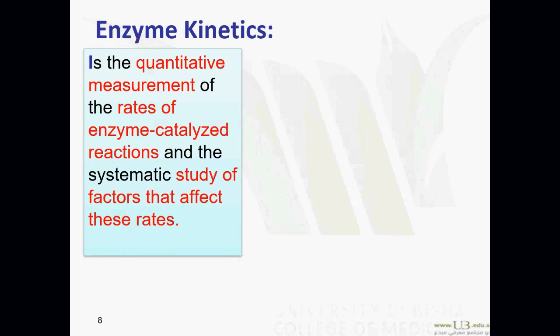It can be 2 times 10 to the power 6, or 5 times 10 to the power 6, so 5 million times and so on. The study of this rate of reaction, and how the enzyme accelerates it, is what is known as enzyme kinetics.